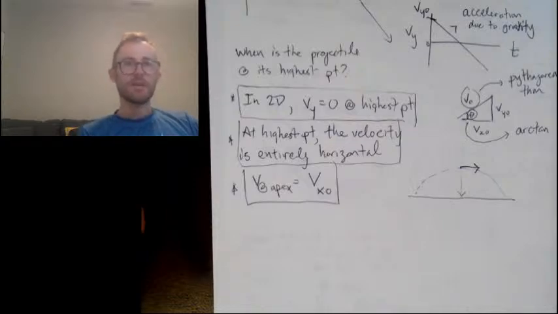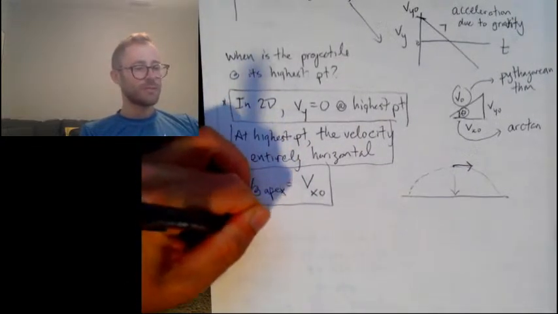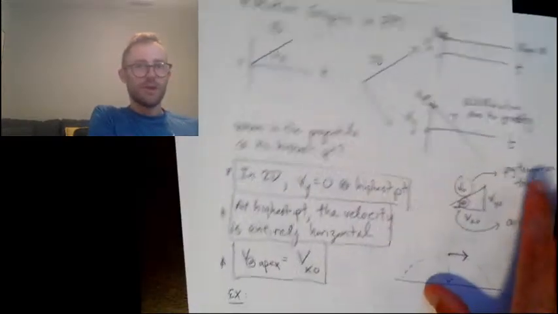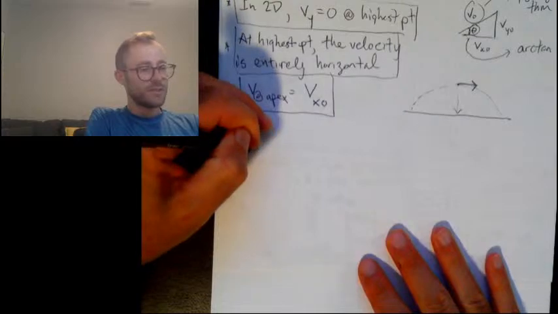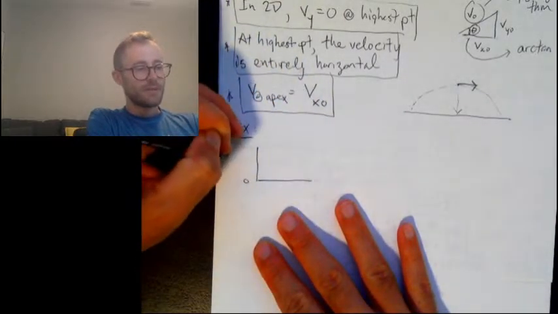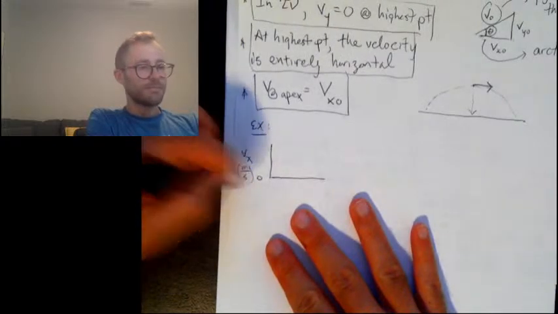All right, so let's do an example with some motion graphs. So what if I had two velocity-time graphs? So I have an x velocity versus time. So v sub x measured in meters per second.